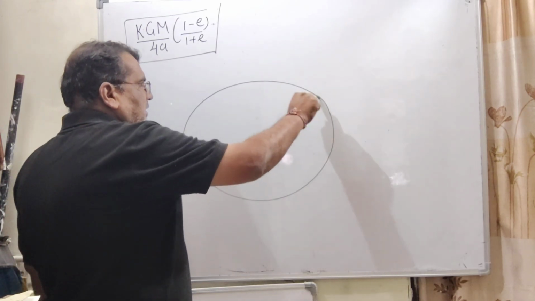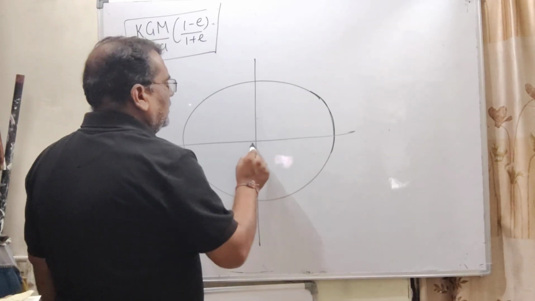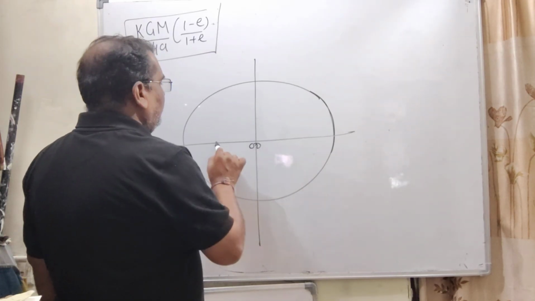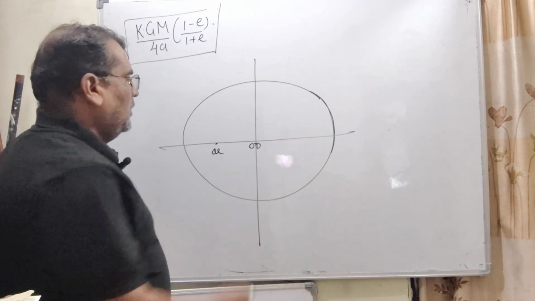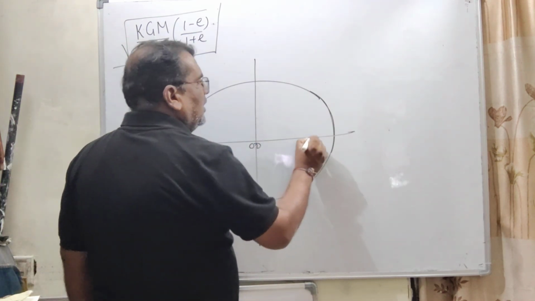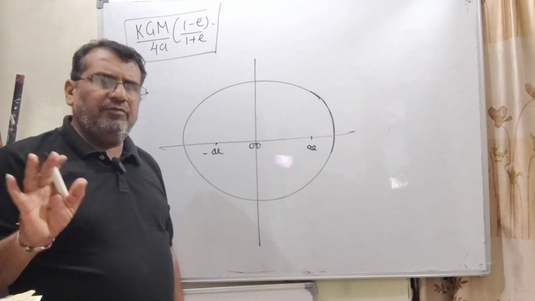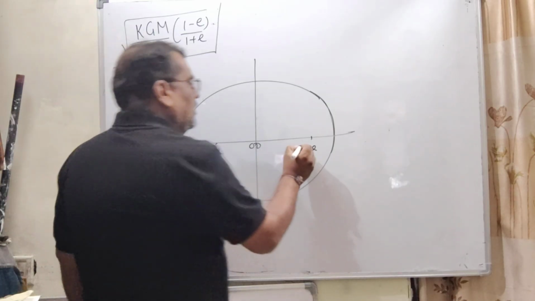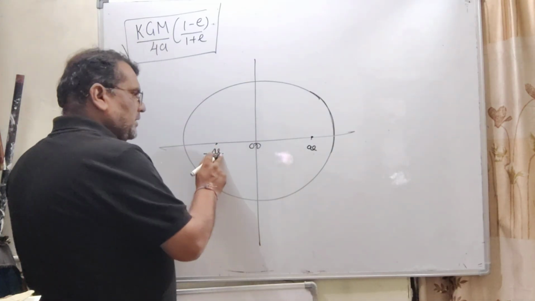let us first understand the concept of the ellipse. Here is the origin, and the foci are at minus ae and plus ae from the origin. Actually here we are using distance, so we take the positive side. So this is ae positive, this is negative.